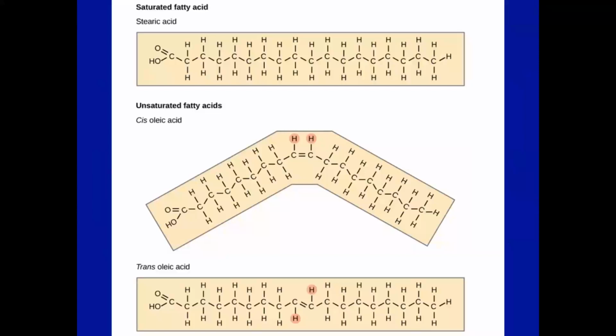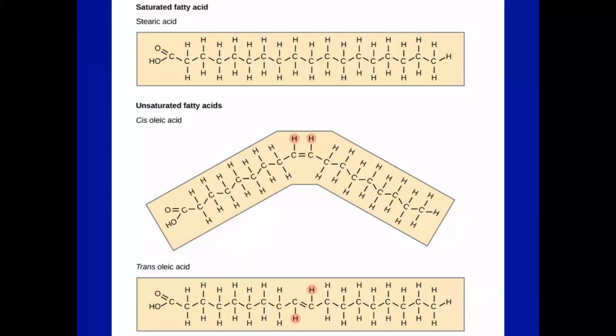So if you take a look at this diagram, you can see the structure at the top looks kind of flat, like a brick. And if you look at the one in the middle, it's got a kink to it. The more double or triple bonds, the more kinks.